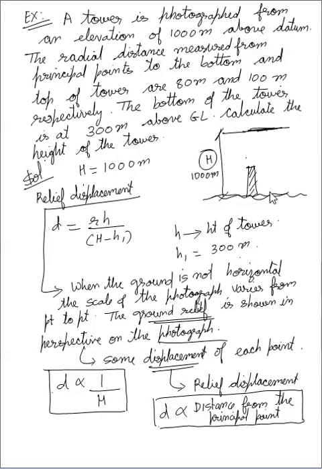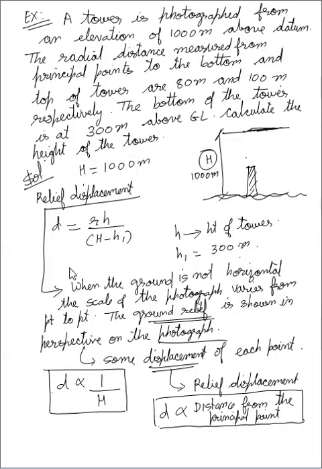One is 80 meter and another is 100 meter, right? So 100 minus 80, it is 20 meter. So relief displacement we have found out, it is 20 meter. Let's put in the value of relief displacement in our original formula.